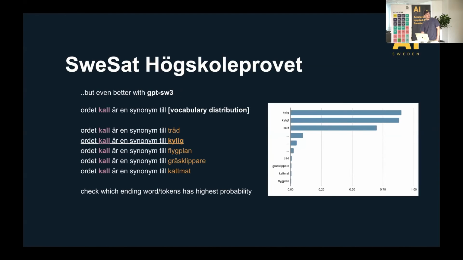But you could solve it slightly better, with about double the performance, with the GPT-SWE. And here we don't do it like a normal prompting problem. We look at the word and we see which is the most likely word in the vocabulary to follow up to this phrase. And we would pick the one with the highest position in the vocabulary and say that's our prediction.